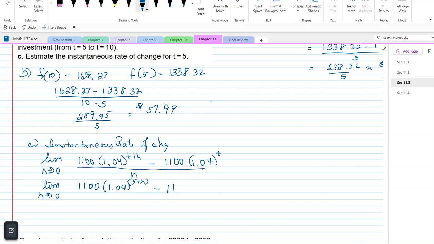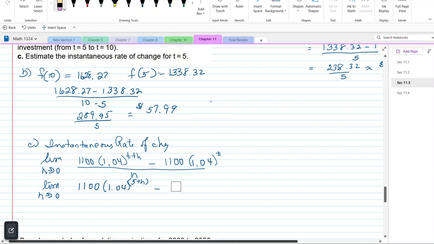And this we already know what it is because this is at 5, 1338.32, over h. All right. So you can see that in this scenario, what we have is kind of difficult to do. And we can see the change in this as h approaches 0. And I think we'd have to go with a table on this guy.